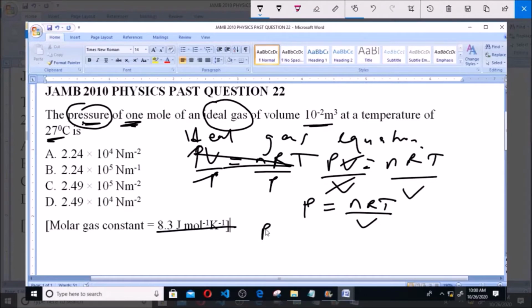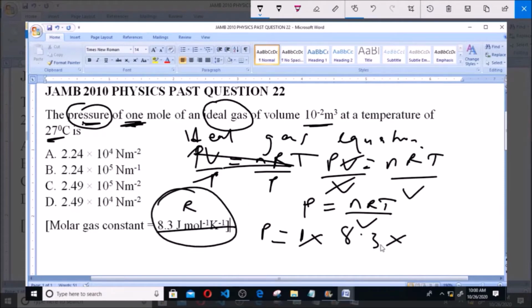Now we substitute our values. n is the number of moles, so that is 1. Remember, we said 1 mole of the gas, multiplied by R, the molar gas constant, so that is 8.3. Now T is our temperature, and our temperature is given to us as 27 degrees Celsius.